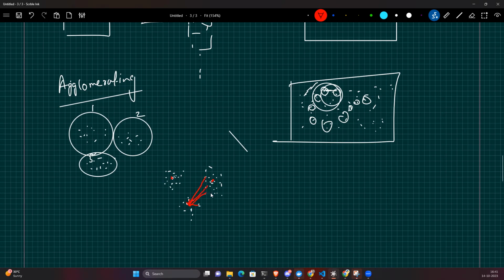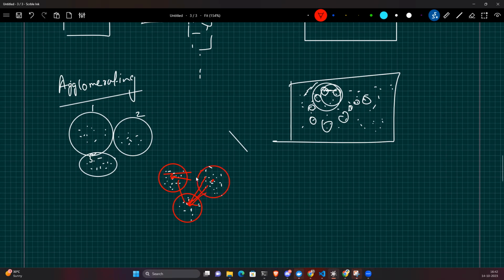We don't know which point is near to this, so we'll calculate it. It's similar to the KNN algorithm. From here to here, here to here, we are going to calculate distance. Whatever points are falling near to this centroid, we mark as one cluster.